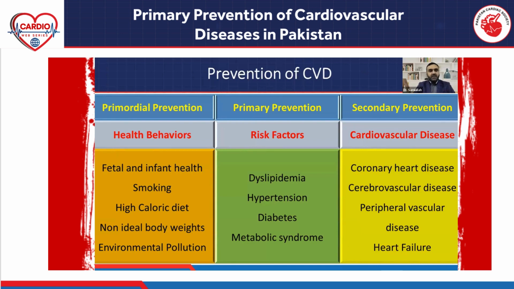Smoking, high caloric diet, body weight, and environmental pollution all come under the umbrella of primordial prevention. For primary prevention, the risk factors are dyslipidemia, hypertension, diabetes, and metabolic syndrome. The cardiovascular diseases which need secondary prevention are coronary heart disease, cerebrovascular, peripheral vascular disease, and heart failure.